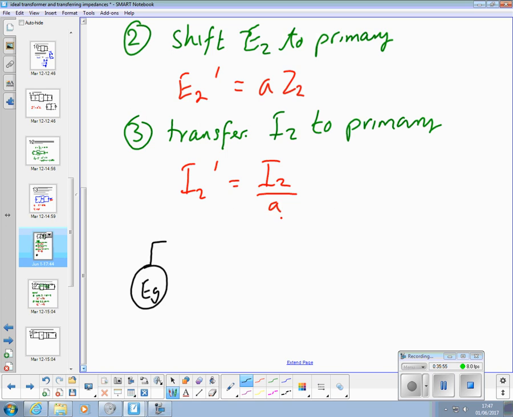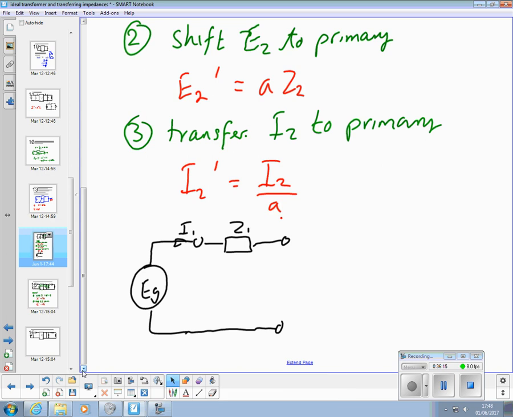So there's our generator, I1, there's our Z1 resistor, Z2 dash, E2 dash, that is, we've shifted.